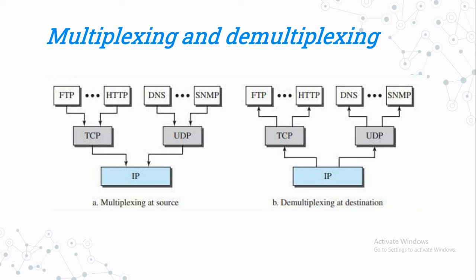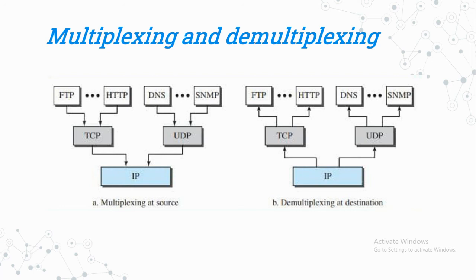And in the network layer, it is using the internet protocol. So in multiplexing, the application protocols are combined together into either TCP or UDP, and then TCP and UDP are both combined together for the internet protocol. This is the multiplexing process.